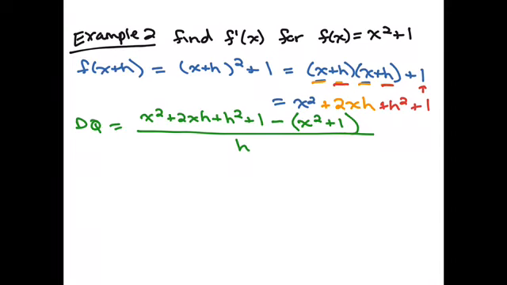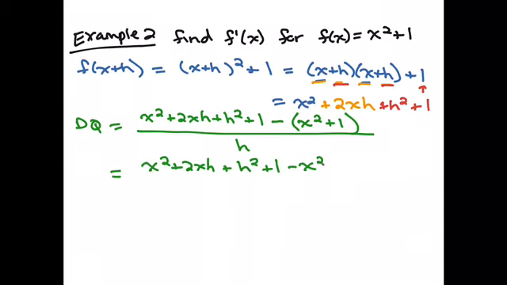So if I distribute this negative, we'll get x squared plus 2xh plus h squared plus 1 minus x squared minus 1.